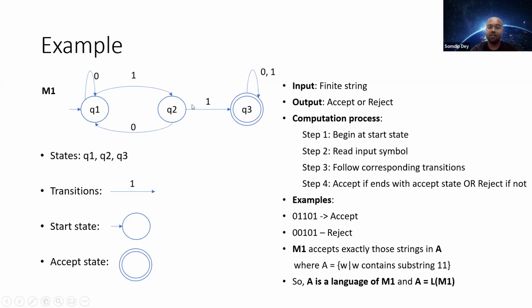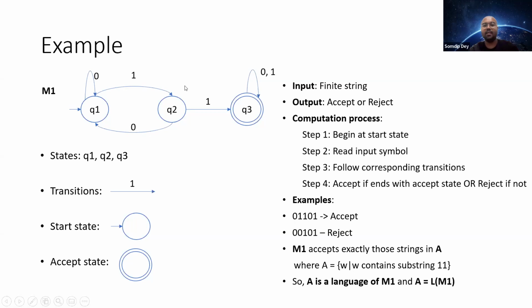In a machine, we have a start state, which we denote by a circle with an arrow pointing to it. And we have an accept state, which is denoted by two concentric circles.